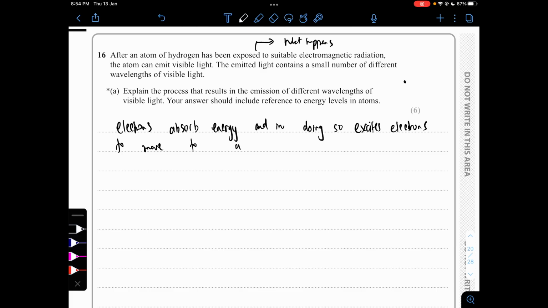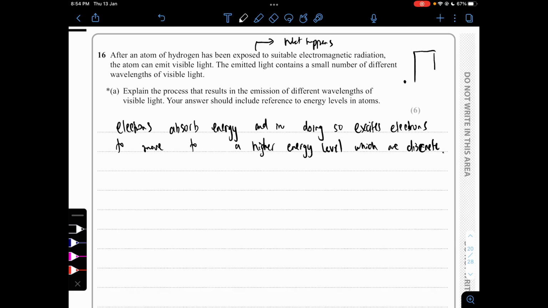So electrons are here right now, and then they move up to this level. These energy levels are always fixed, so we can say they are discrete. This is the key word, discrete, or fixed values.